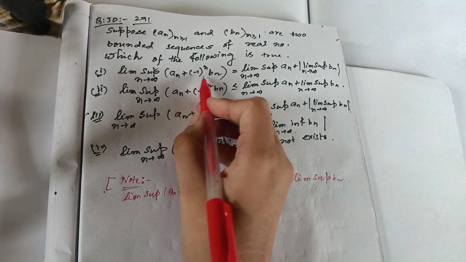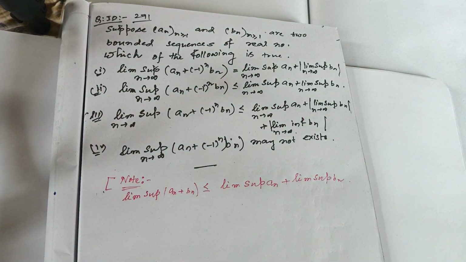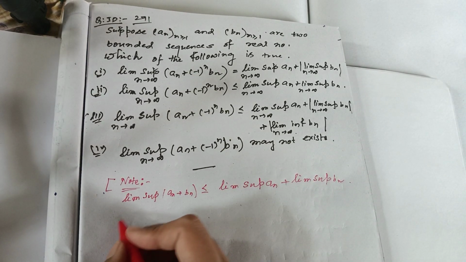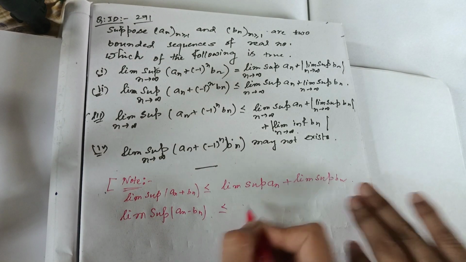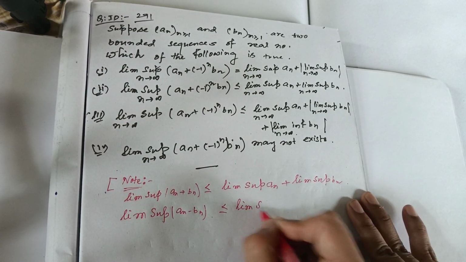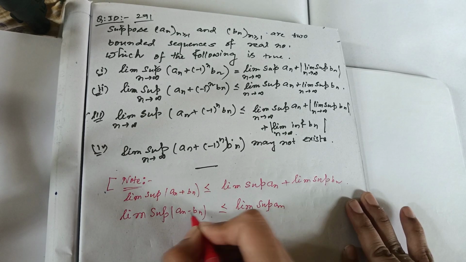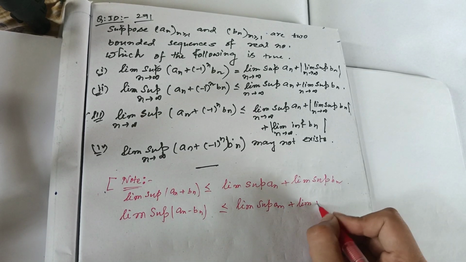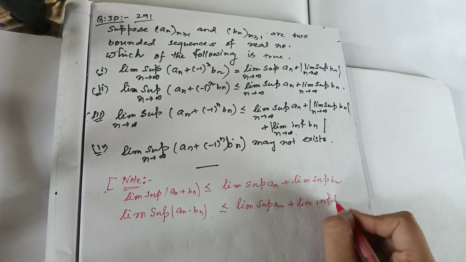Okay, here (-1)^n, that is, if n is odd, that is the minus form. So also the limit supremum of a_n minus b_n is less than or equal to the limit supremum of a_n, here give the minus sign, so that is plus the limit infimum of b_n.